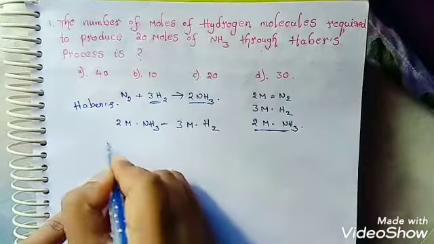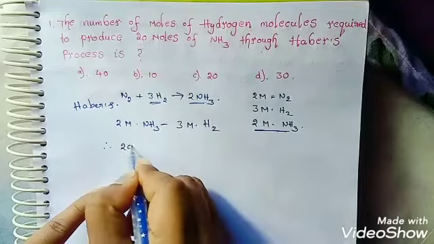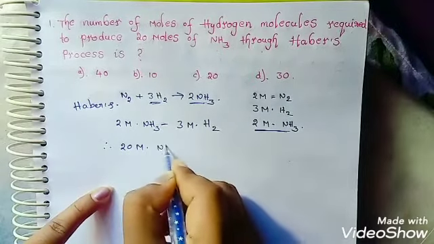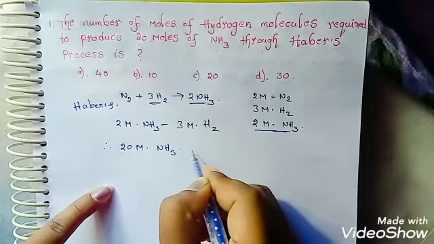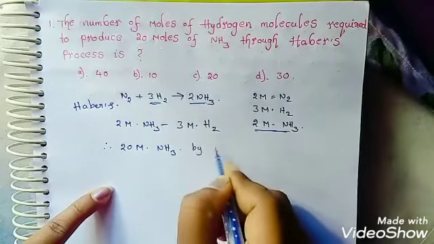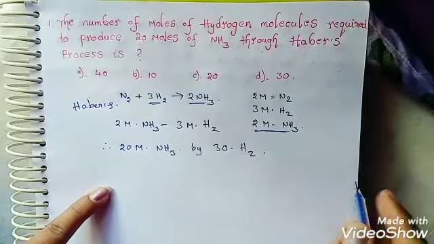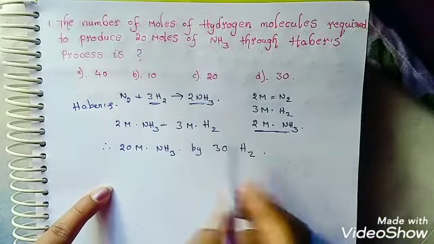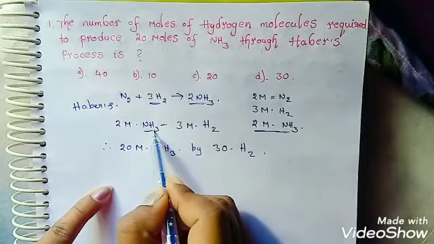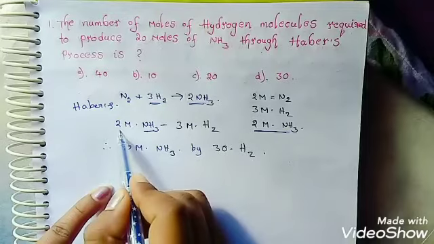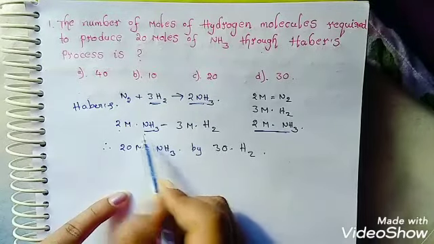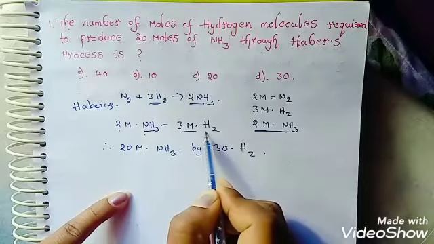Therefore, 20 moles of NH3 will be formed by 30 moles of hydrogen. Simply we can say the answer: for 2 moles of ammonia, we need 3 moles of hydrogen.